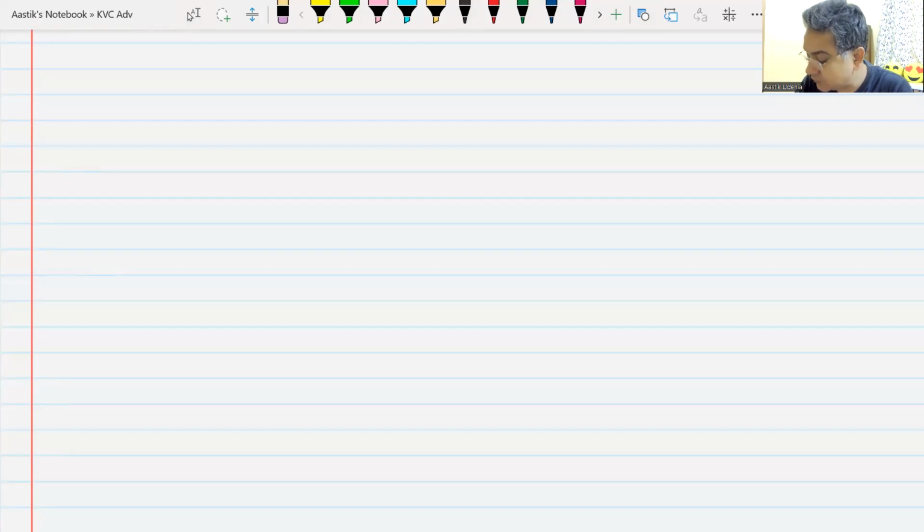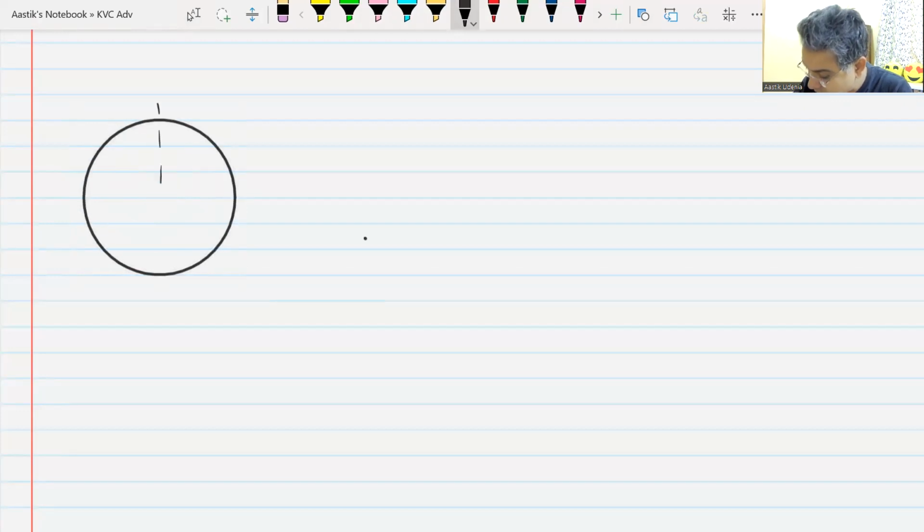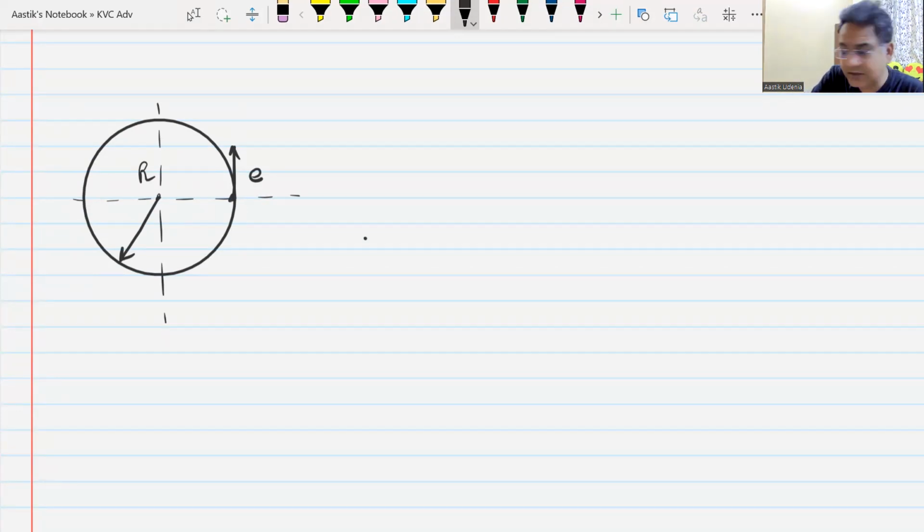So now if I give you a question where you have an electron revolving in a circle of radius r, what will be the magnetic field created by this electron at the center of the circle?